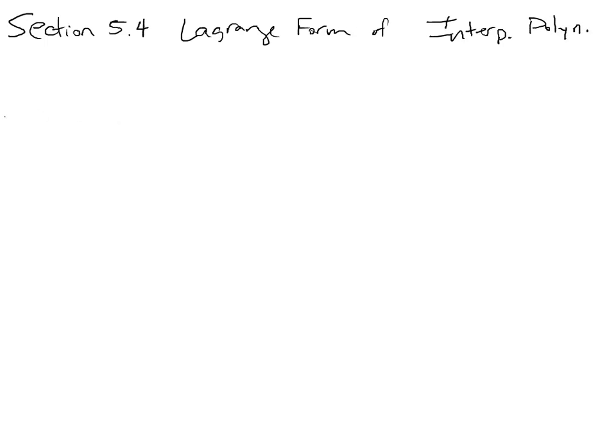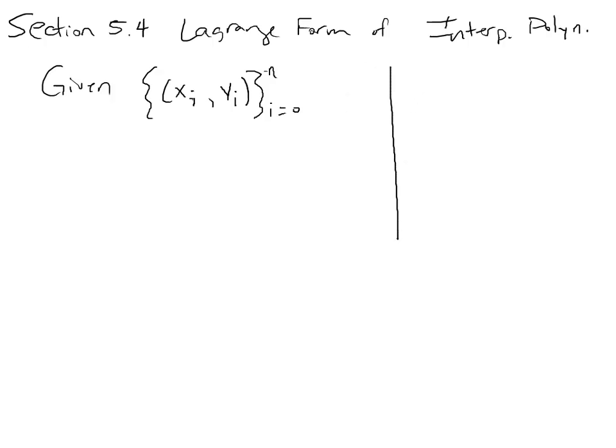Remember, we're again trying to consider the case where we have x sub i, y sub i, a set of these, i equals 0 to n. Again, this looks like a bunch of points, right? So we've got x0, x1, dot dot dot, xn.